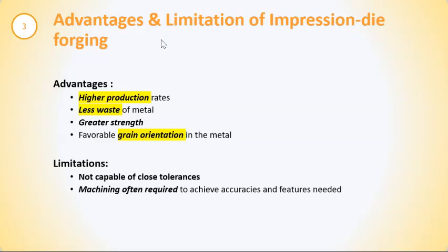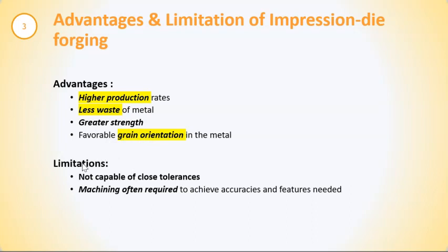Advantages of impression die forging are that it is used for higher production because the process is very fast, and it produces less waste compared to machining, and has greater strength and a very favorable grain orientation.